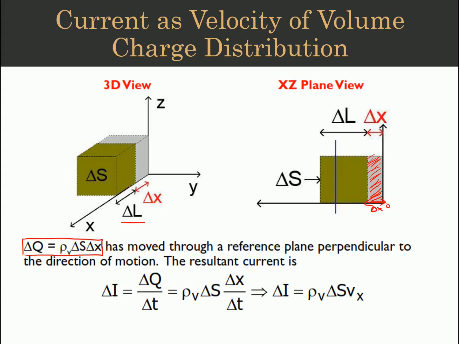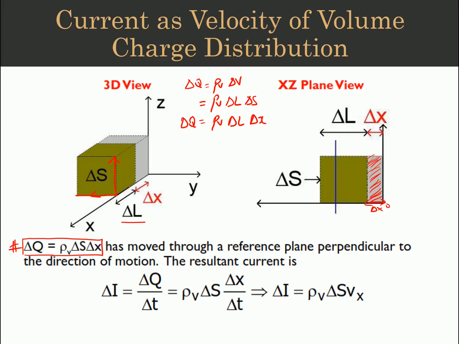The amount of charge when the cube was initially at rest was rho v into delta v, and when the cube has moved, we know that the volume is basically length into width into height. So this is basically the product of the length and the surface area. Surface area is covering your width and height over here. So this is how we got delta s into delta x. Since we have moved a distance of delta x, we replace delta v with delta s delta x, and this is now our charge value as shown over here.